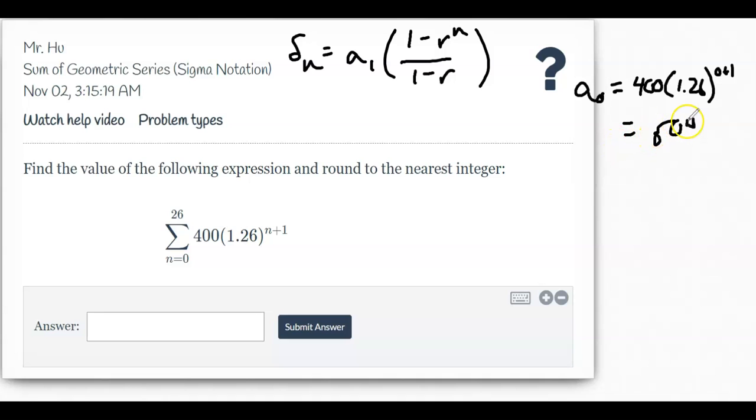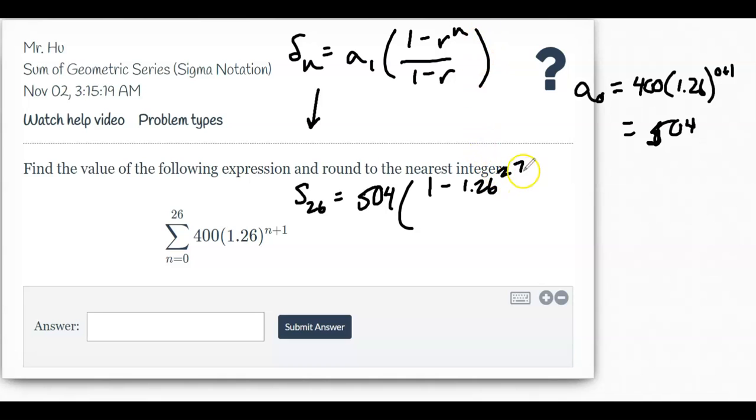So that's my first term, 504. Now, what is my r? What is the r in this? Well, it's going to be 1.26. So when I fill in the formula here, it's going to be s sub 26 equals the first term, 504, times 1 minus r, which in this case is 1.26, to the n plus 1, or to the n power, which is how many terms there are.